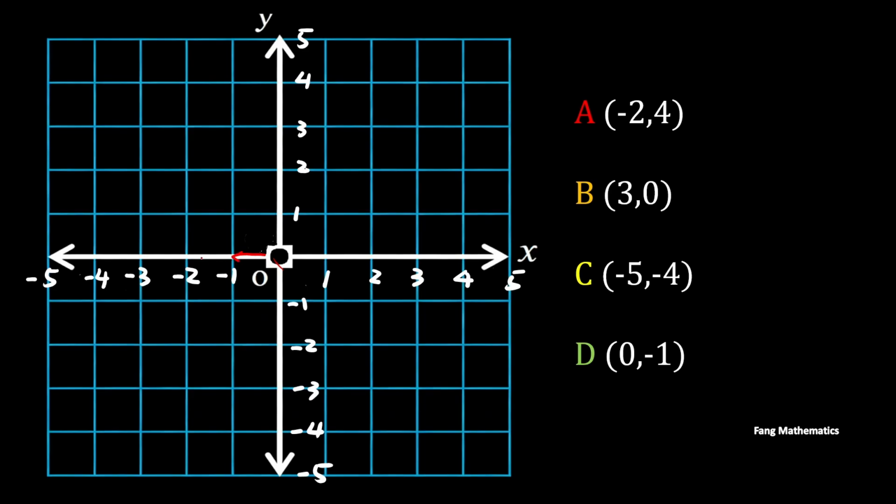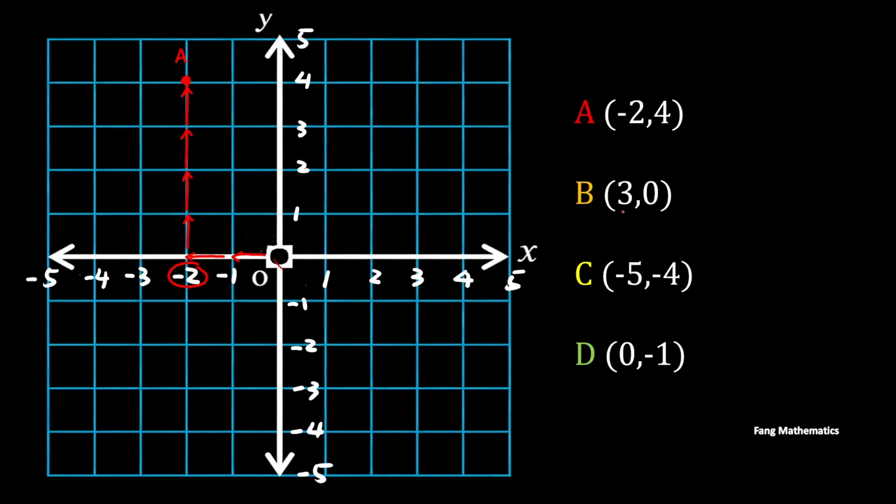So -1, and here you have -2. Then you see your second value, 4. That tells us we move 4 units up. 1 unit, 2 units, 3 units, and 4 units. You have reached this point, and we name this point A as indicated by the question.